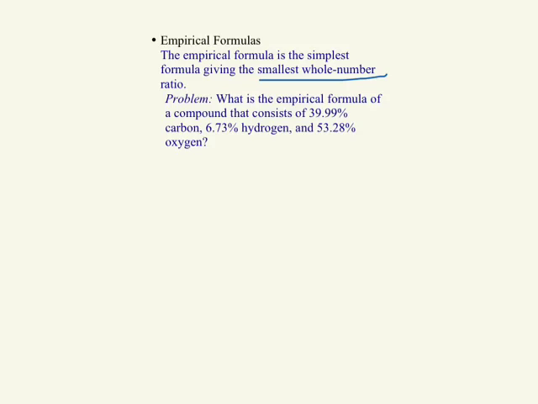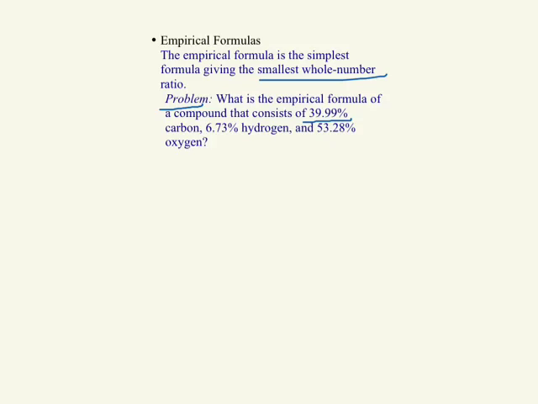What we have to do is look at this problem. What is the empirical formula of a compound that consists of 39.99% carbon, 6.73% hydrogen, and 53.28% oxygen? Solve this in a table form and just remember the steps, you will never make the mistake.